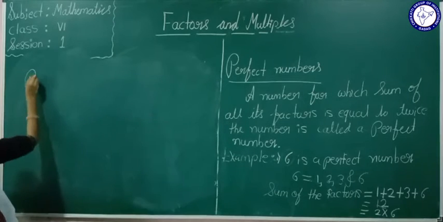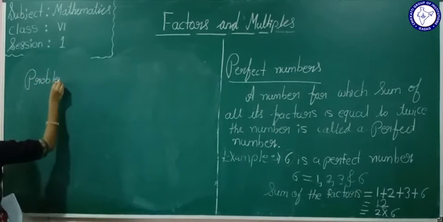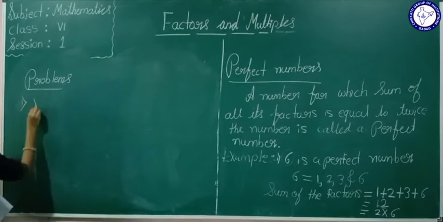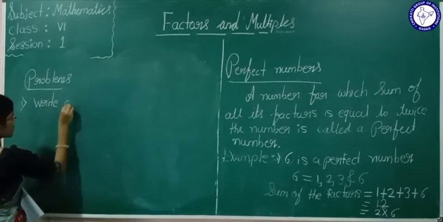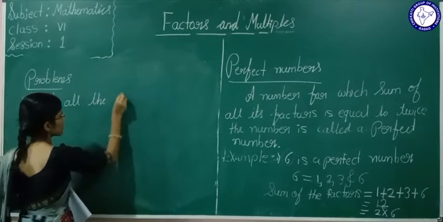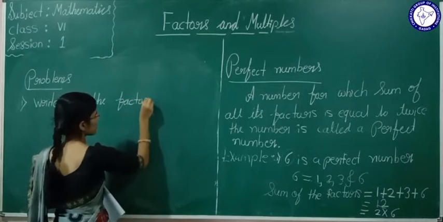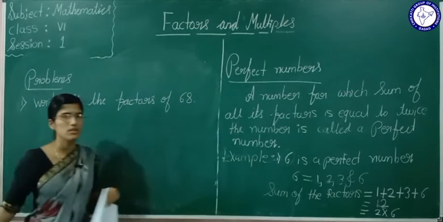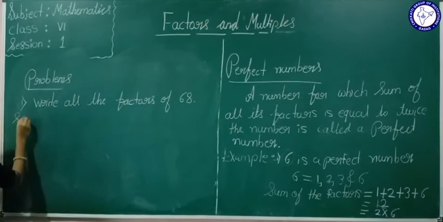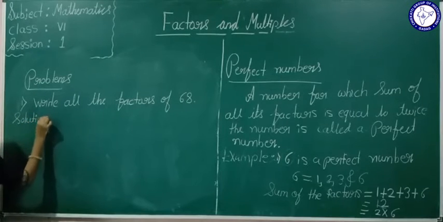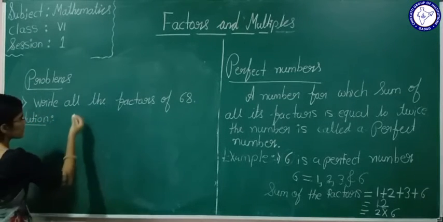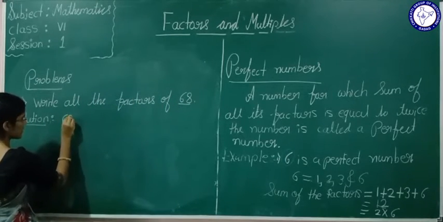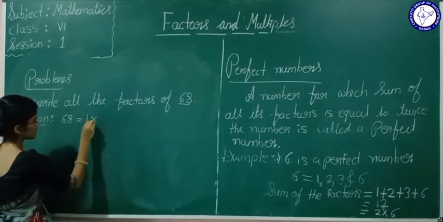See the problems. Write all the factors of 68. See the solution. This 68 can be written as 1 multiplied by 68.